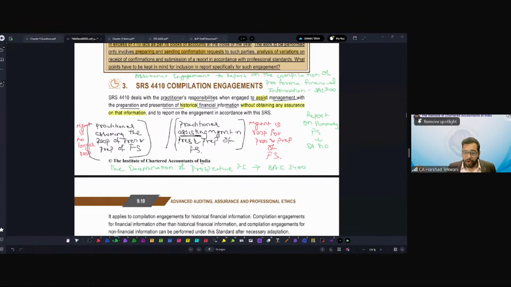When I say historical financial information, only assisting without obtaining any assurance on that information, only then will it be covered by SRS 4410. Very, very specific. Clear with this? That's why each and every word is important when it comes to SRS 4410.